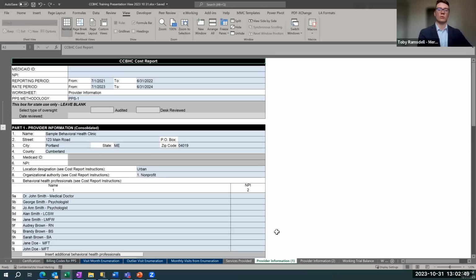So if you have a single site, you'll only fill out the provider information schedule, this top part. This contains identifying information. So the Medicaid ID and NPI should be populated.